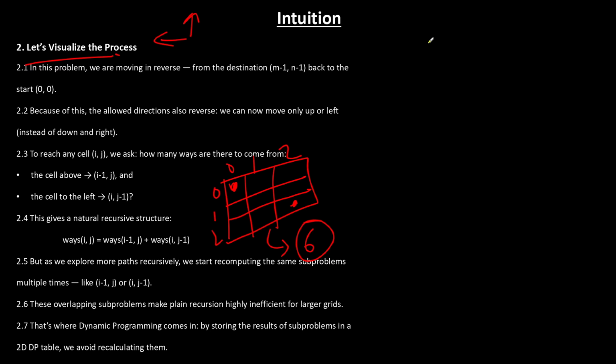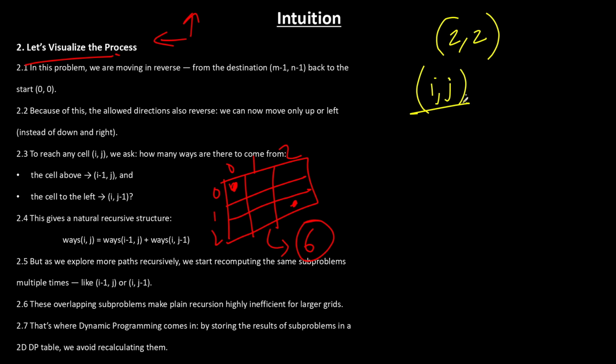So let's try to build up the intuition. We are starting from here. Since it's a 3 cross 3 grid, we will be starting from 2,2, right? m minus 1, n minus 1. Now before proceeding, suppose we are taking i,j.